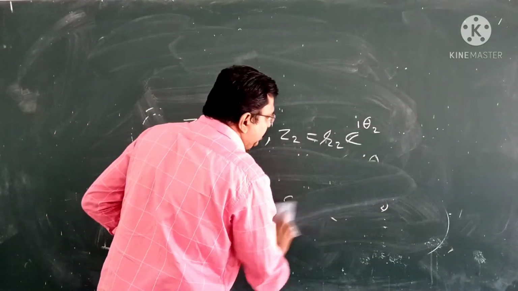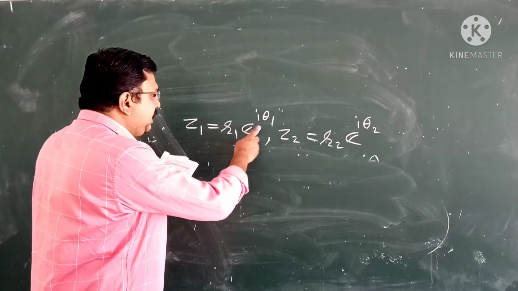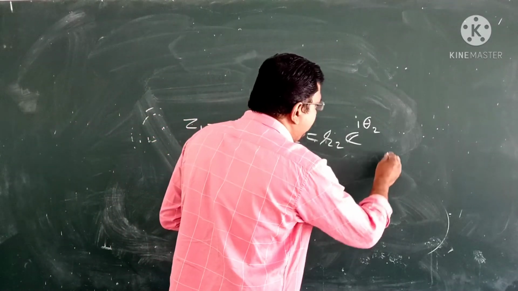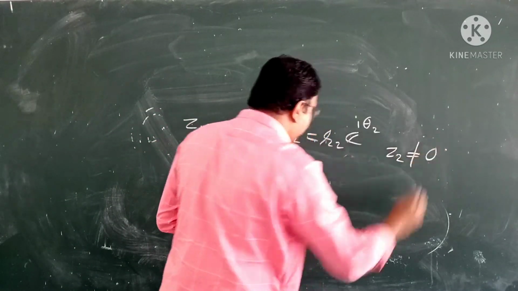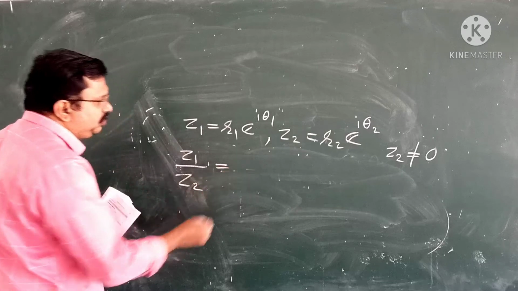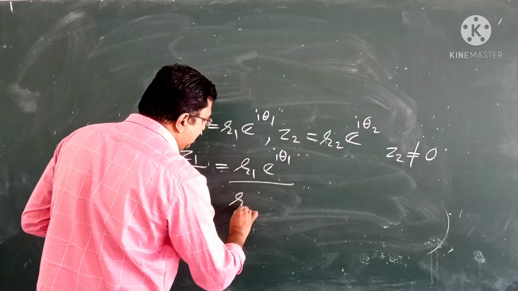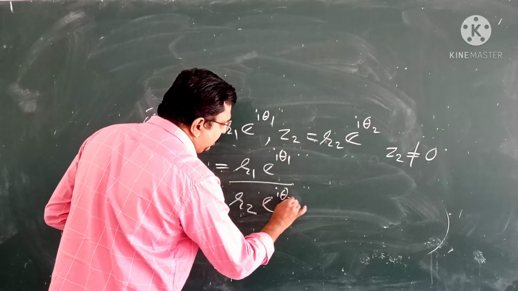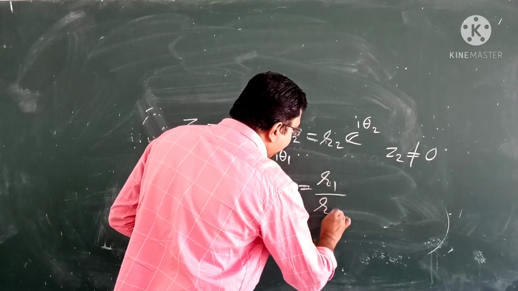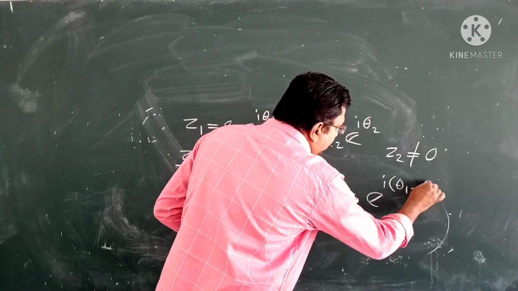Next step is division. If z1 equals r1 e raised to I theta 1 and z2 equals r2 e raised to I theta 2, and remember that z2 is not equal to 0, then we can define z1 by z2 as r1 e raised to I theta 1 divided by r2 e raised to I theta 2, which is equal to r1 by r2 into e raised to I (theta 1 minus theta 2).